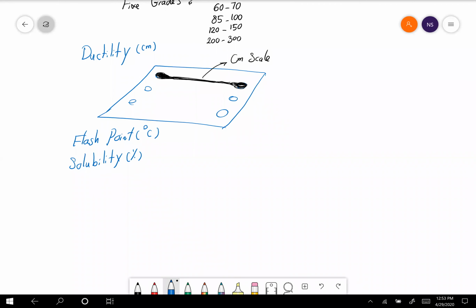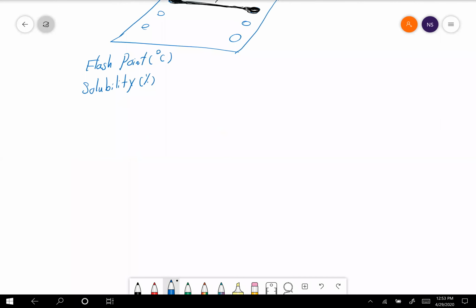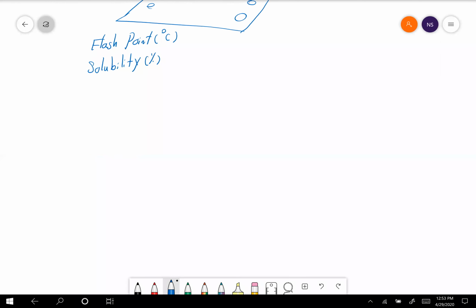And then at some point, there was a grading system based on the viscosity of the asphalt binder. At different temperatures, you have different viscosity. Of course, at higher temperature, you have lower viscosity, and vice versa.